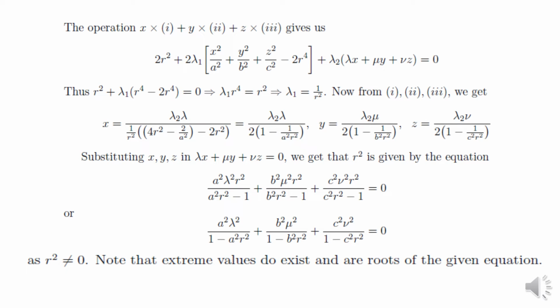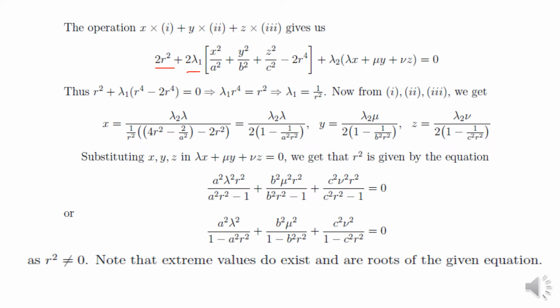When we try to solve this, we multiply the first equation by x, the second by y, the third by z and add them. Whenever we apply undetermined Lagrange multipliers, we add the first term, then the second term, then the third term together in each equation. So the first term from each equation, when we add, gives twice of r square. Then we add the second term in all the equations.